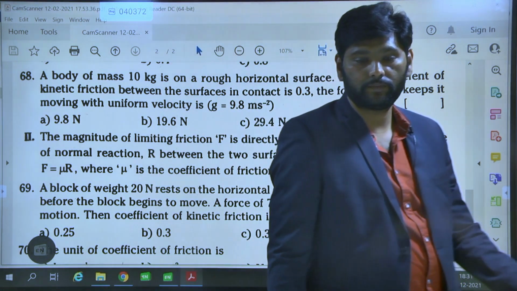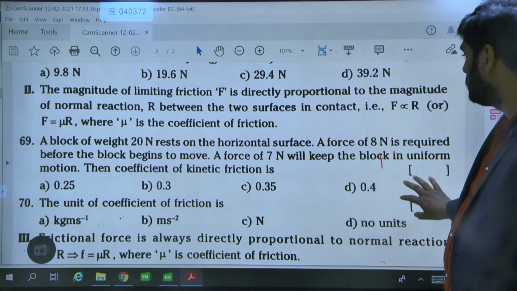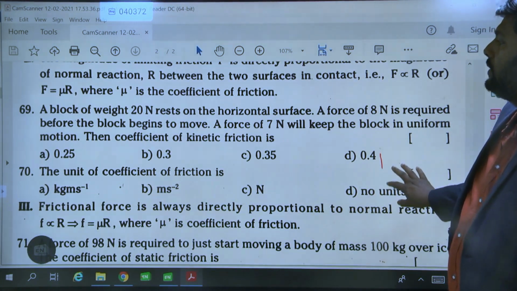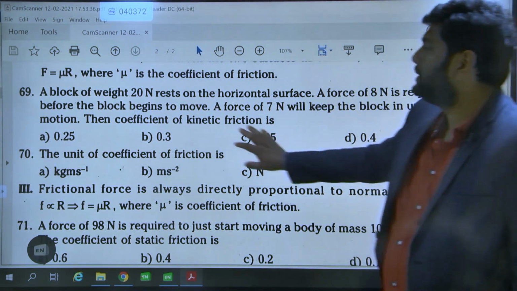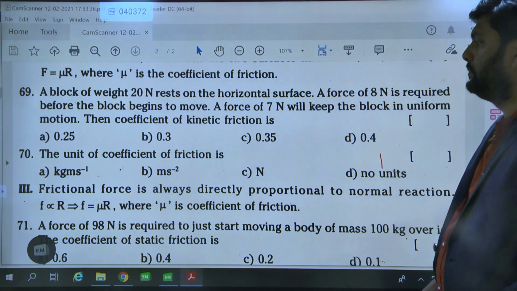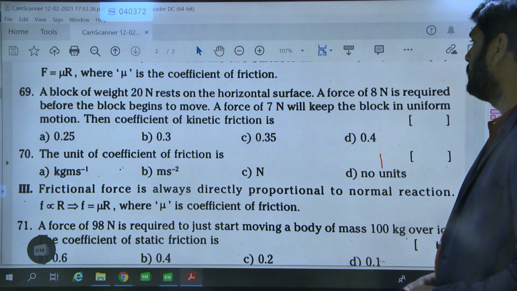Next, look at the other question. The magnitude of limiting friction F is directly proportional to the normal reaction. That is a paragraph, not a question. 69. A block of weight 10 N rests on a horizontal surface.